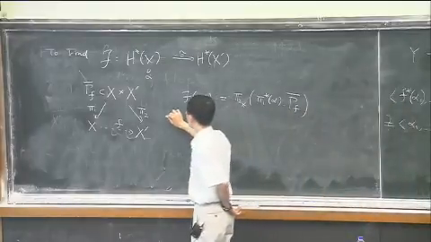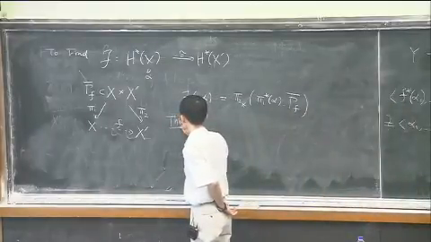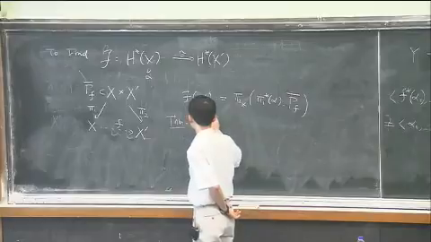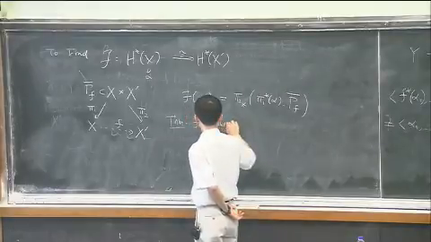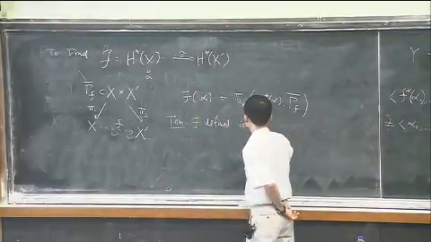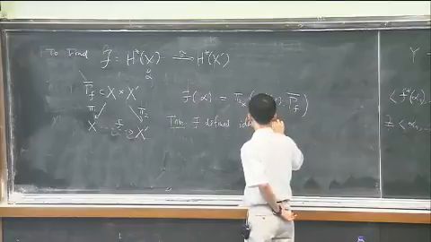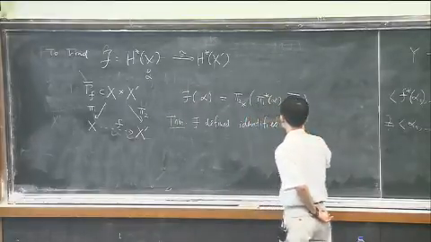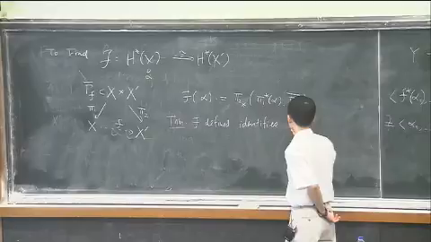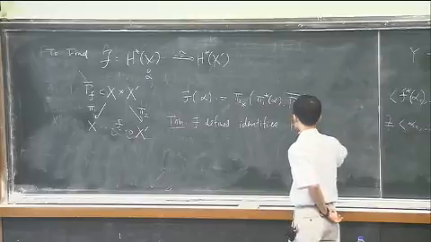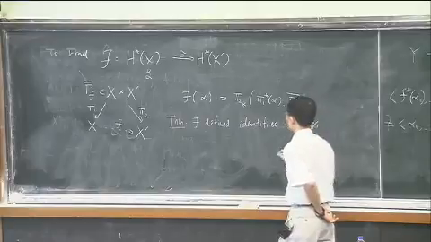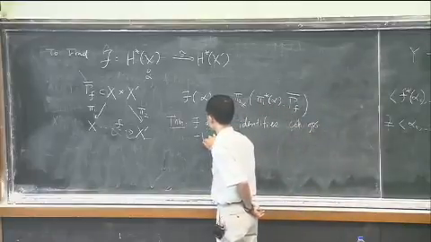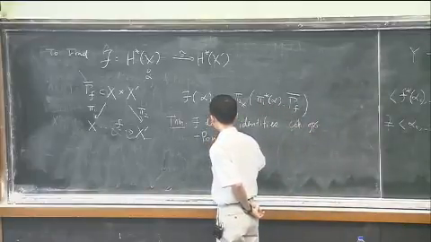So the theorem here is that this F identifies cohomology, and in fact also identifies the Poincaré pairing.